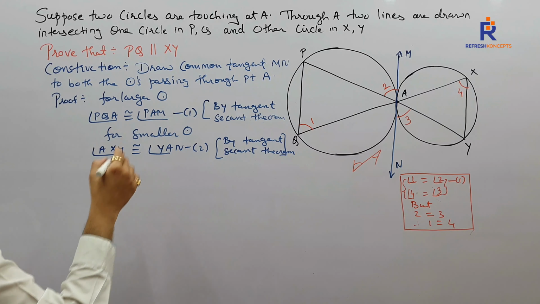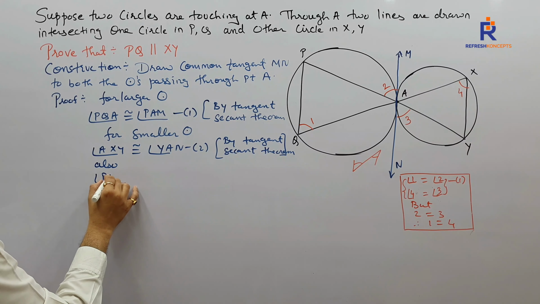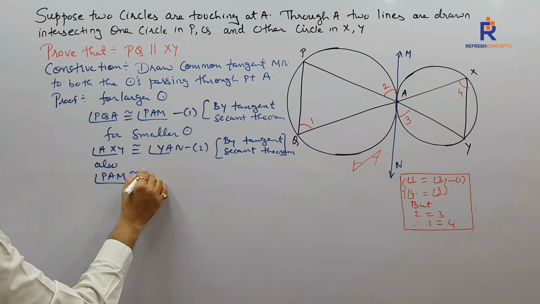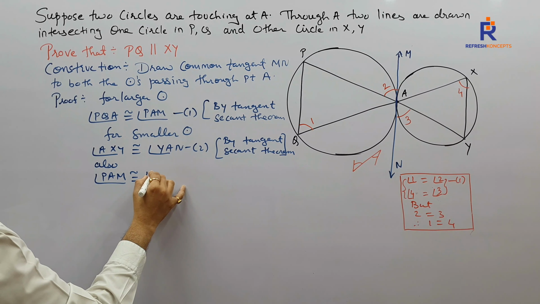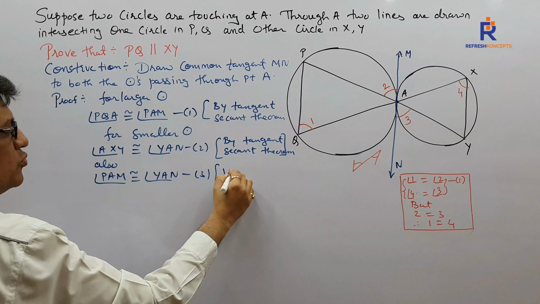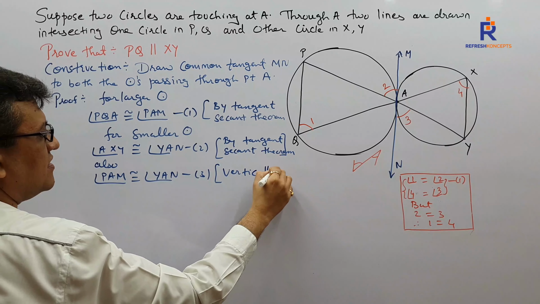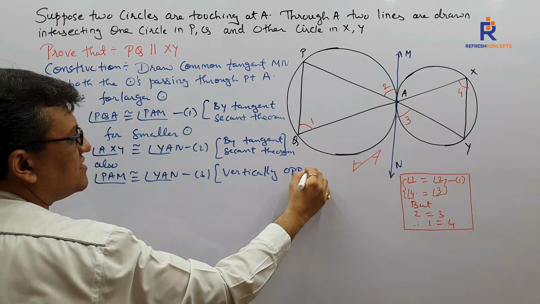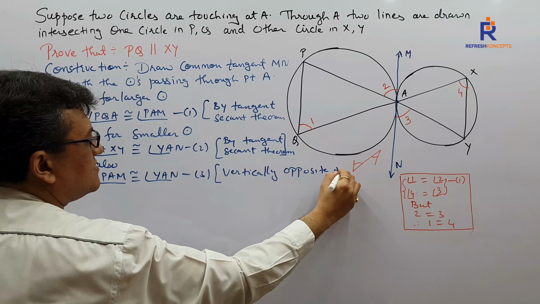Also, which angles are vertically opposite angles? PAM is congruent to YAN. Equation 3, vertically opposite angles.